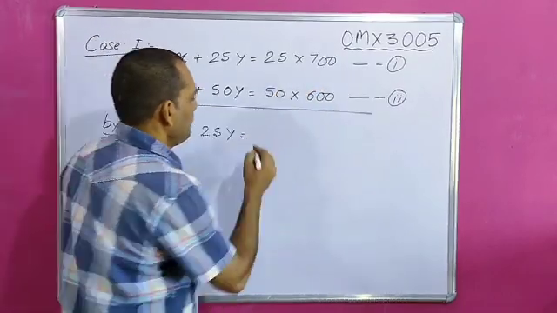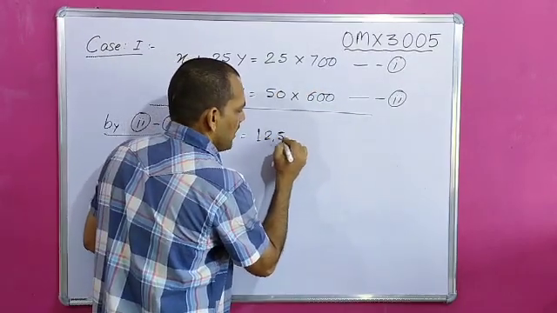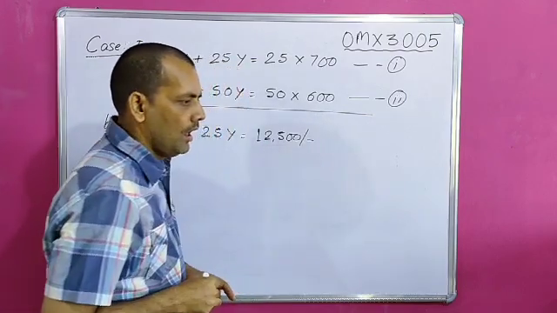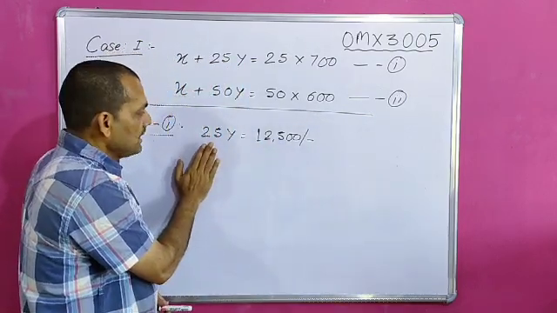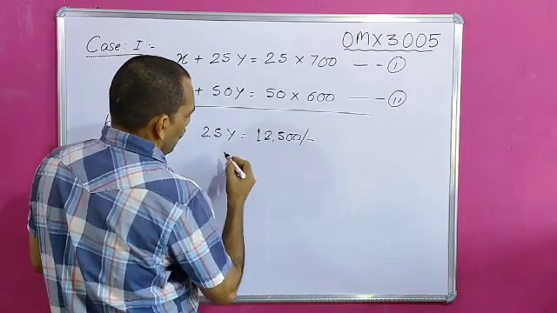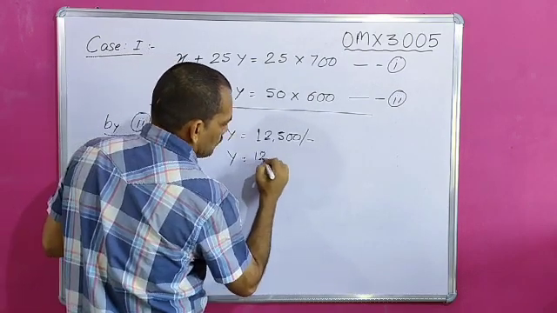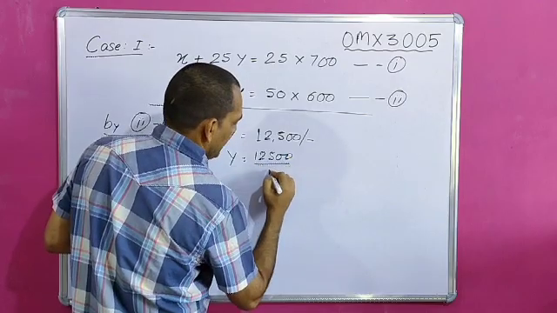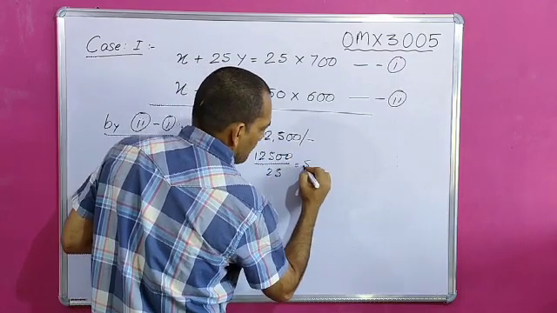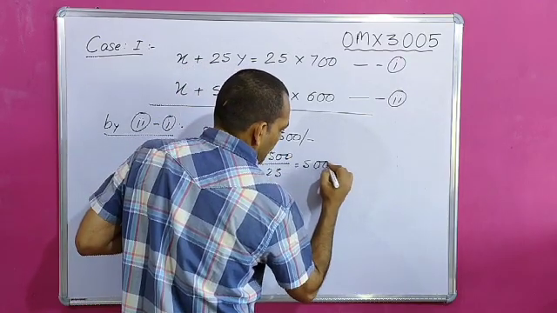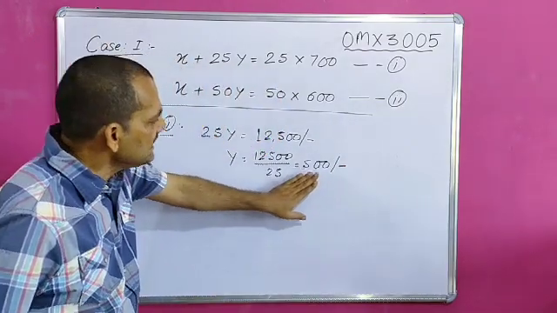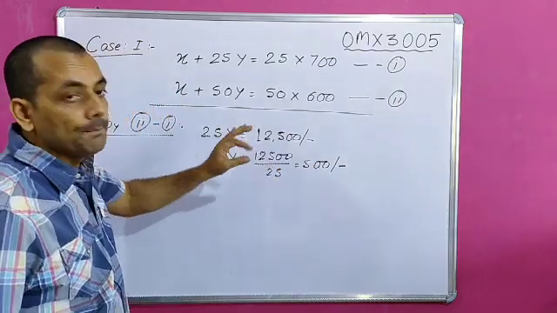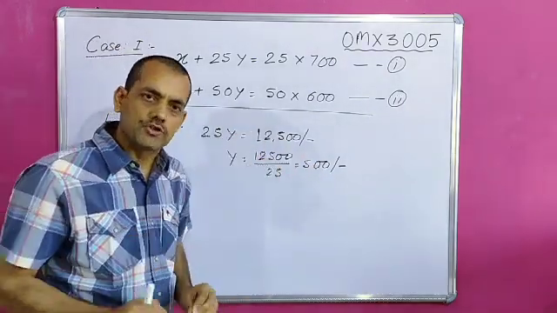Subtract these two, it will become 12,500. Now, if it is 12,500 and this is 25, what will be the value of Y? 12,500 divided by 25, which comes out to be 500. What does it mean? This 500 is the per boarder variable cost.